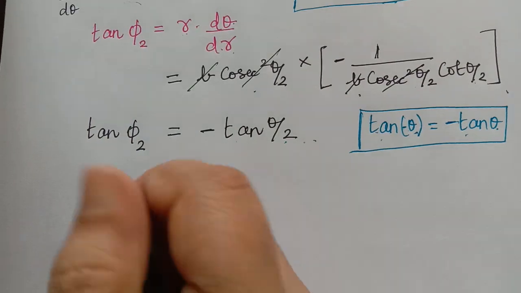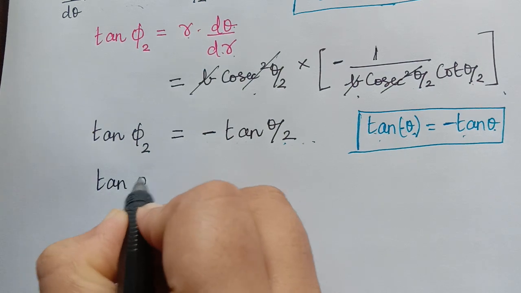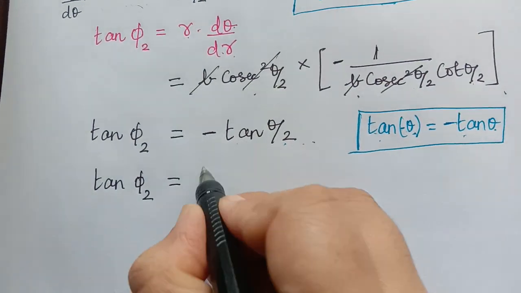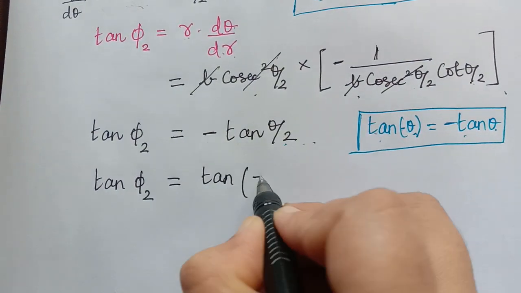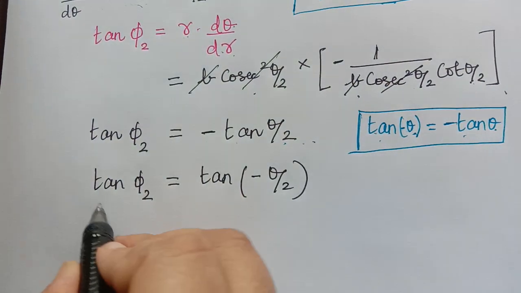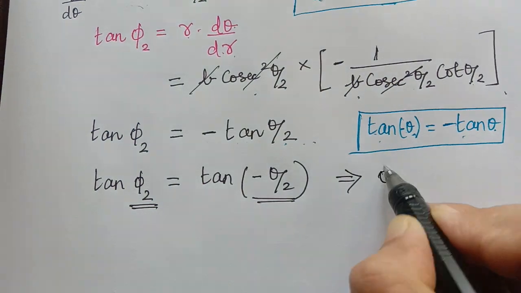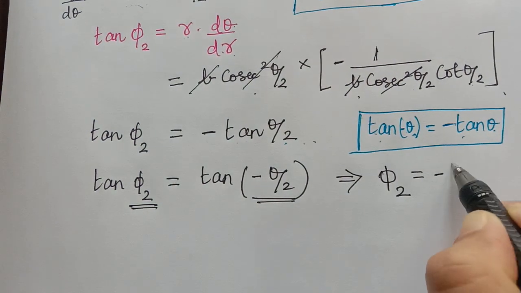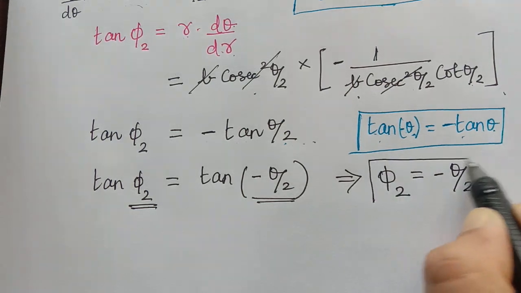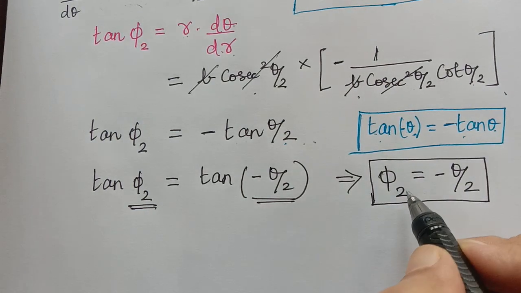Therefore we get tan phi 2 equal to tan of minus theta by 2. Now equating the angles on both sides, we get phi 2 equal to minus theta by 2. So this is the value of phi 2.